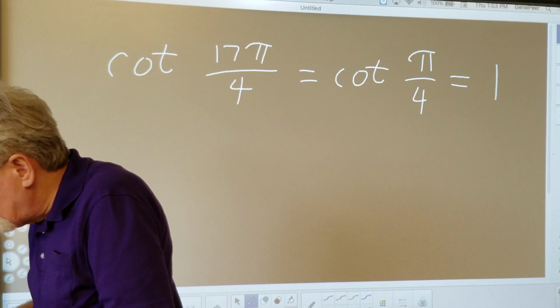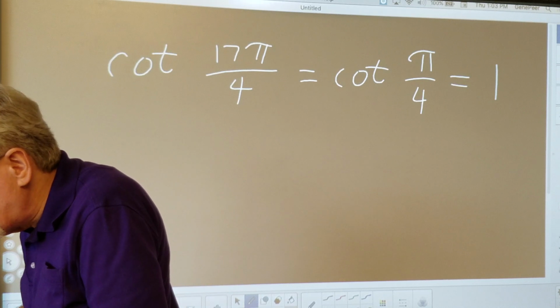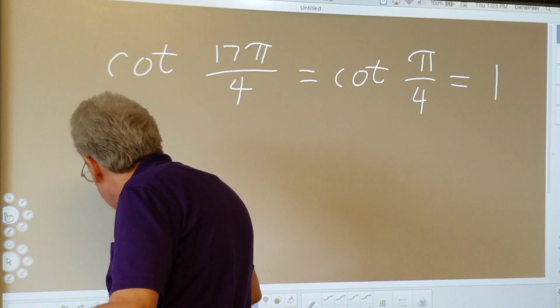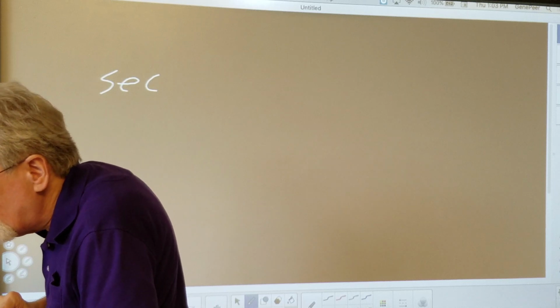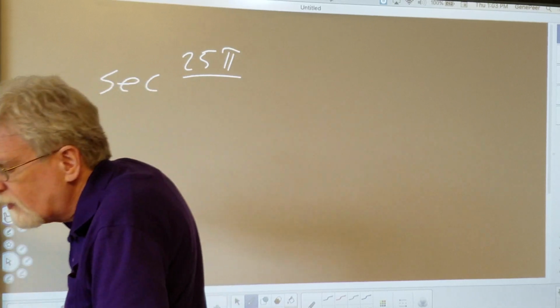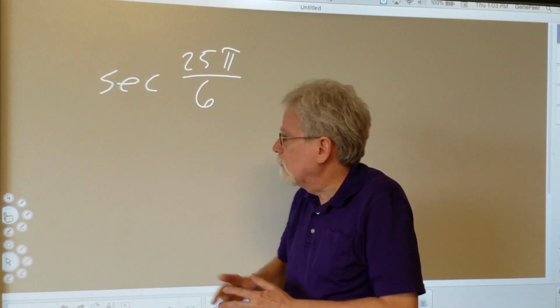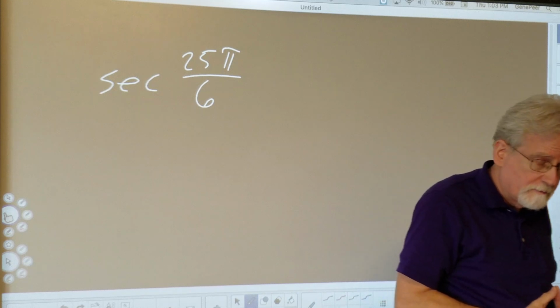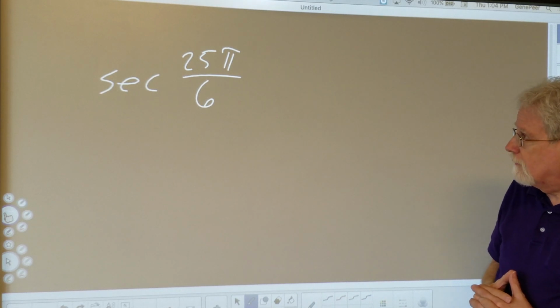That was number 24, right? Yes. 26. 26 is the secant of 25 pi over 6. Well, again, secant being the reciprocal of cosine means you can toss out any multiples of 2 pi this time.